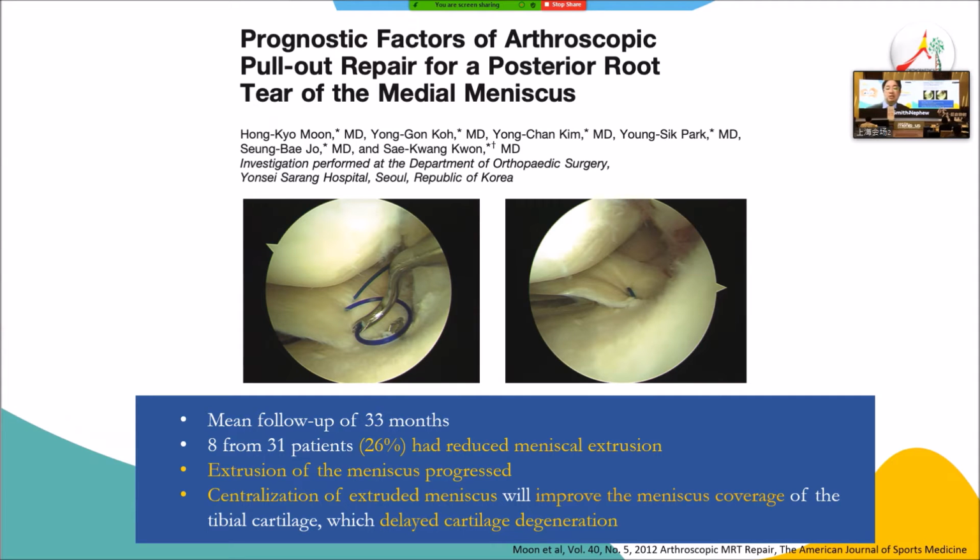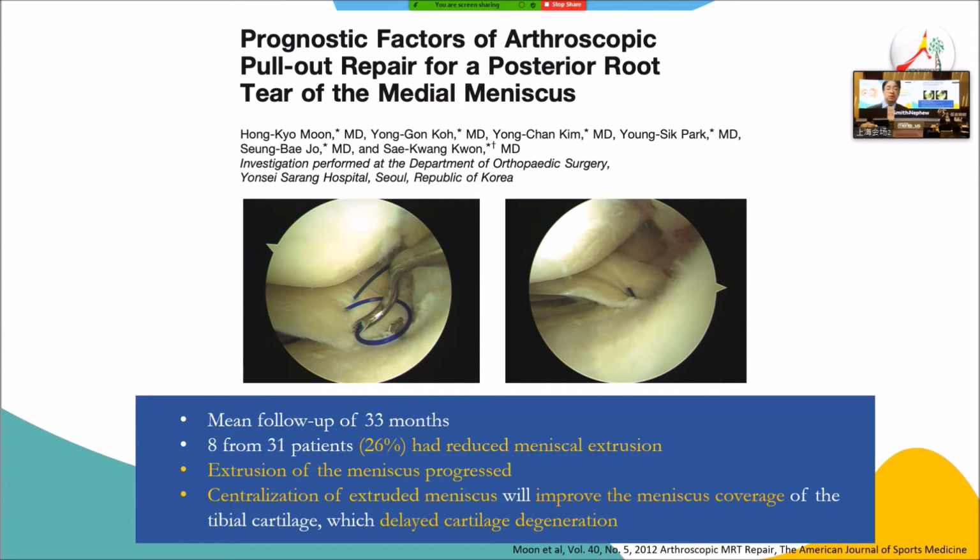The prognostic factor for arthroscopic pull-out repair of the posterior root tear of the meniscus depends on the extrusion. If the extrusion happens and we do not reduce it, osteoarthritis will progress and come very, very soon.